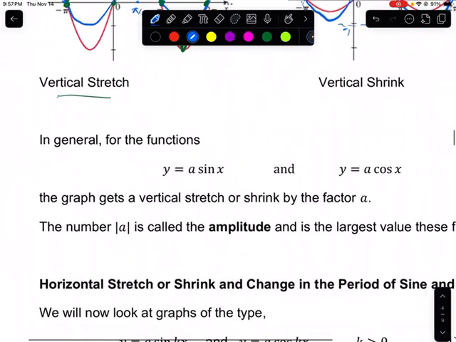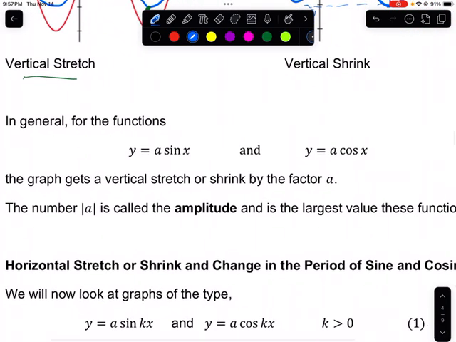Notice whenever your function sine x or cosine x is multiplied by a number, by any number that we call a, then we can have a shrink or a stretch, and we say the graph gets a vertical shrink by a factor of 1/2 or 1/3 or 2/3 or whatever, and then vertical stretch by a factor of 3, 4, 5, whatever.